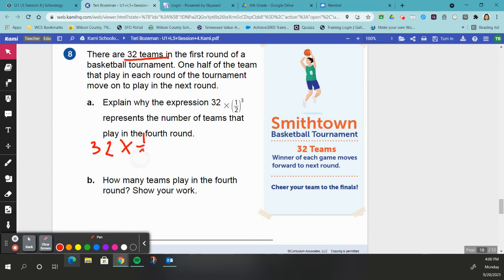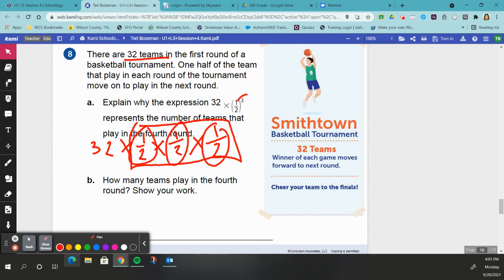Then we have half of that in the second round, half of that in the third round, half of that in the fourth round. Well, because we have this repeated multiplication of the same number, 1/2, we see that it's being multiplied 1, 2, 3 times. So this is where the exponent comes in, and it is 32 times 1/2 to the third power.